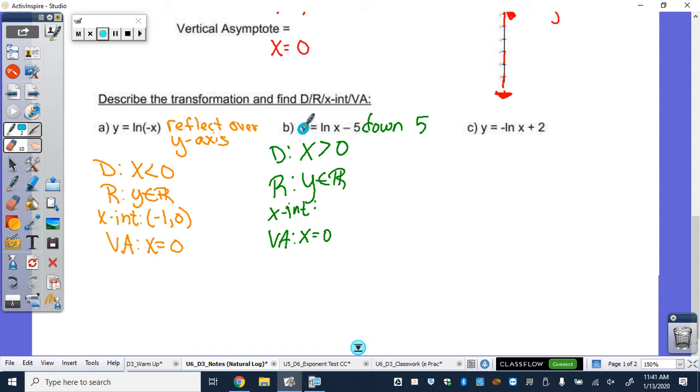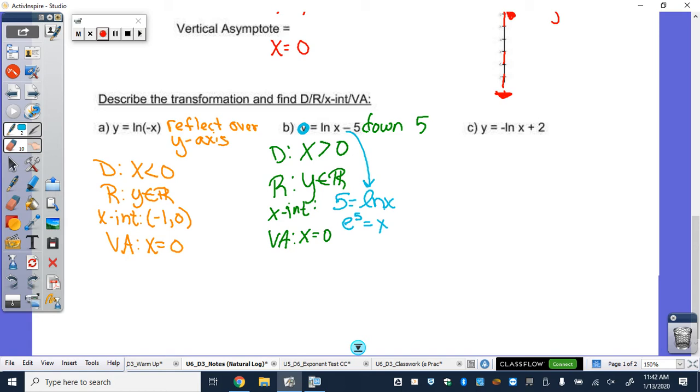So I would add my 5 over first. And that would give me 5 equals the ln of x. And then let's rewrite this in exponential form. Again, what's our base for ln? E. The exponent is the 5. And then that equals your x.